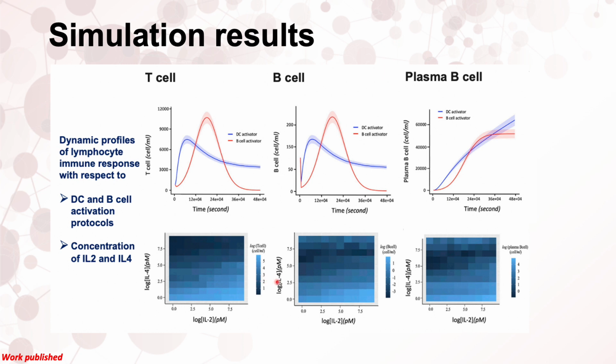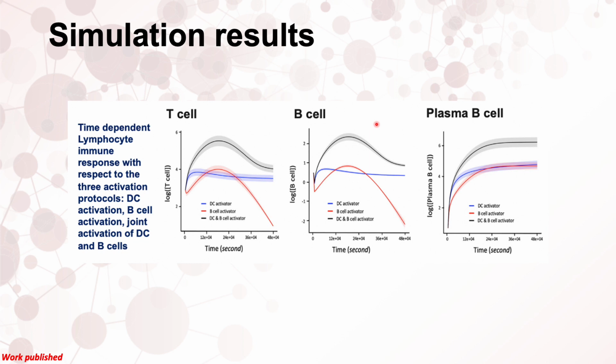So, T cell, B cell, and plasma B cells together display a high level of immune response, which is associated with low concentrations of interleukin-4 versus high concentrations of interleukin-2. T cell, B cell, and plasma B cell present a higher level of proliferation when the immune system is simultaneously activated by dendritic cell and B cell.